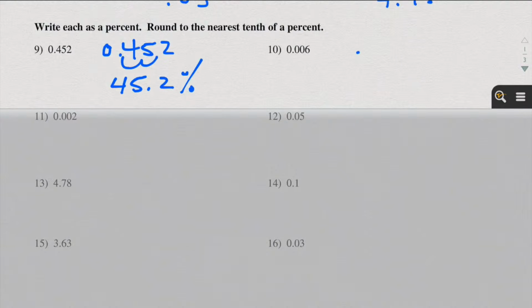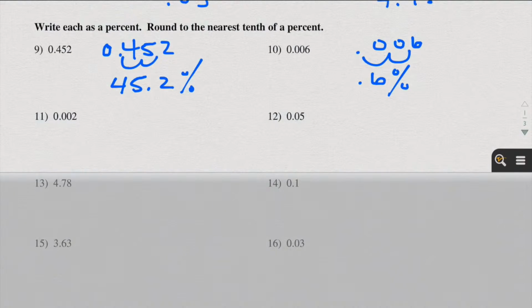Number 10, 0.006, move the decimal over 1, 2, we end up getting 0.6%. Okay, number 11, 0.002, move the decimal over 1, 2, 0.2%.